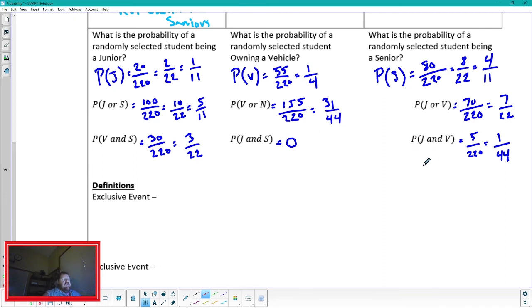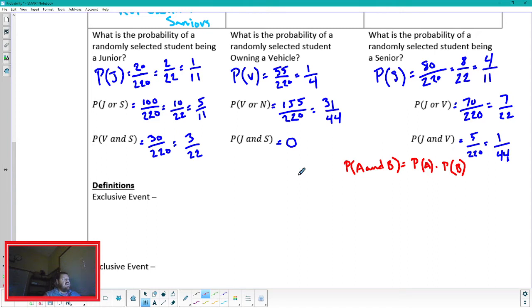And what we said is if things are independent, then the probability of A and B was equal to the probability of A times the probability of B. I encourage you to look at those two AND scenarios that worked out, not so much this one because there was no overlap, and see which one fits into that category.